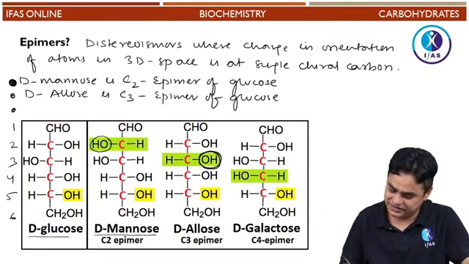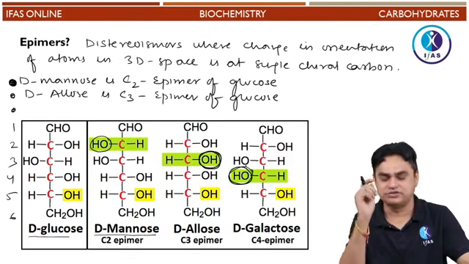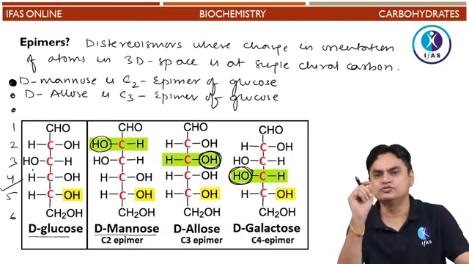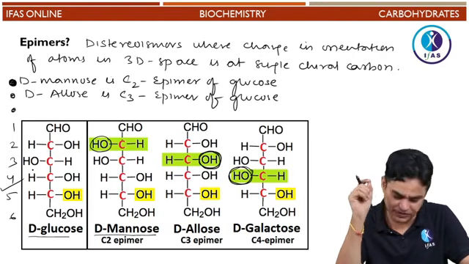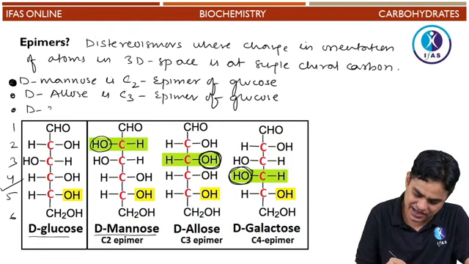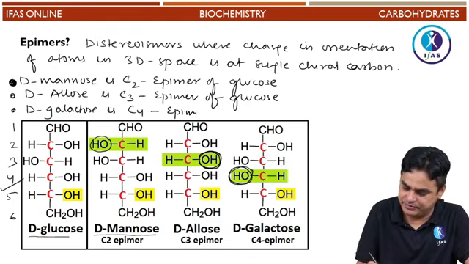And similarly, if you look at the structure of galactose and compare it with glucose, there is a change at only the 4th place. So you will say that D-galactose is the C4 epimer of glucose.